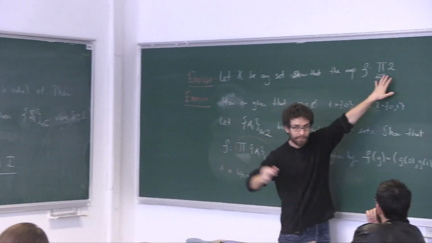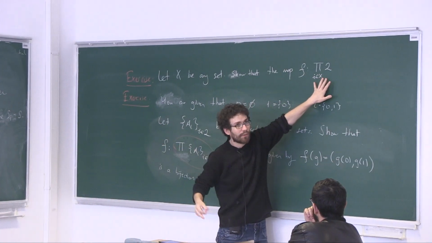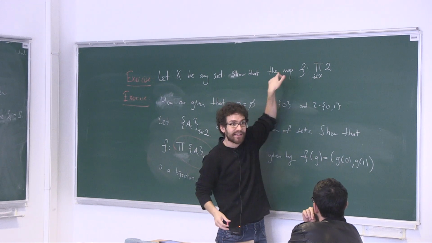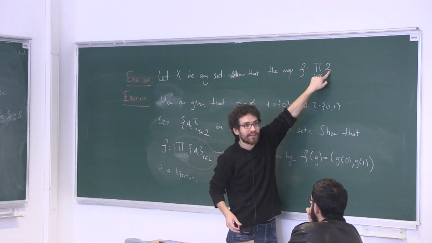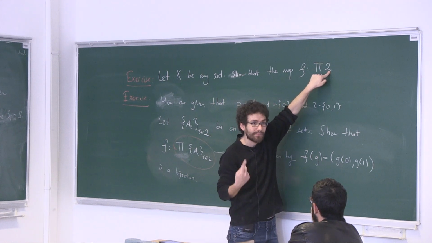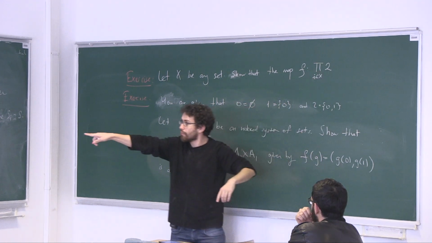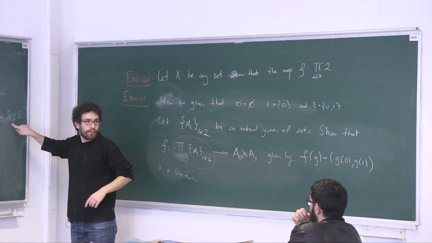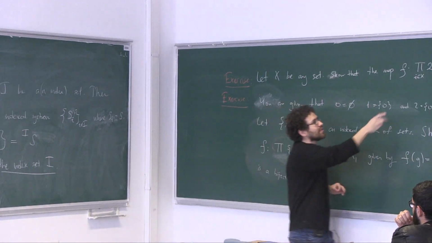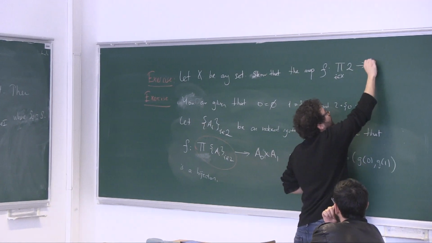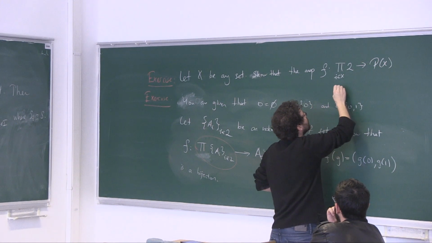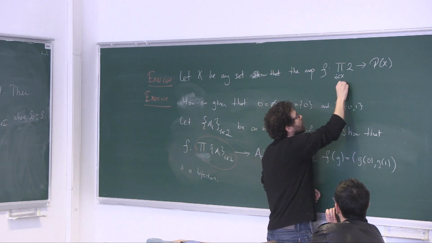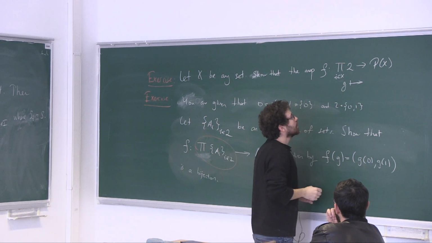So over there I have the following. I'm taking a product of an index system of sets. My index set is X. The ith set in my index set is fixed. It's the same set all the time, 2. Just like over here. So this is a certain product. Show that the function given by G goes to, that's good.